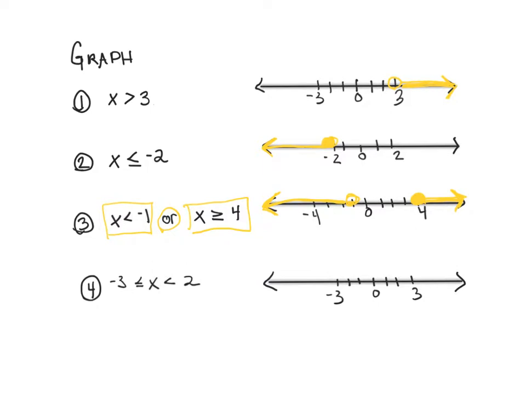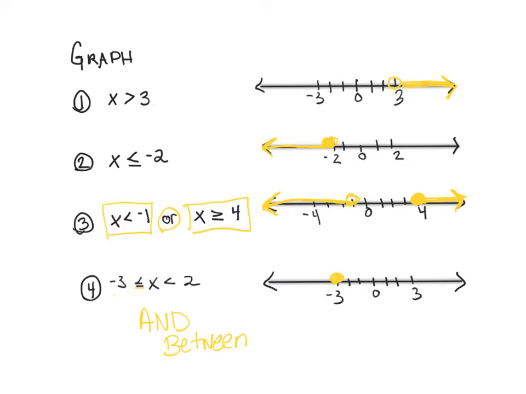Our last example is a compound inequality, and it's a specific type of compound inequality, an and inequality, in which it is between 2 points. And so if we look at this, we know that this -3 here has an or equal to, so therefore I would go to -3, and I would put a closed circle on -3.